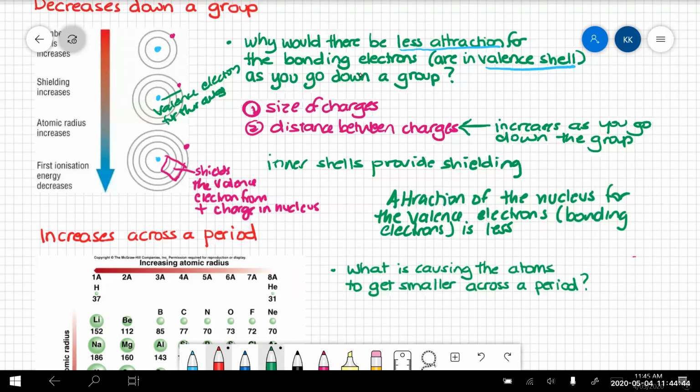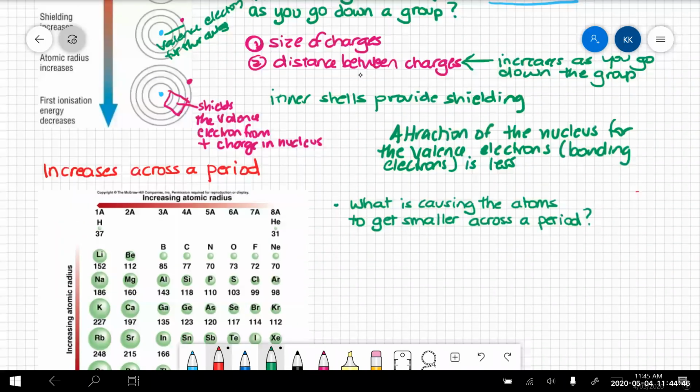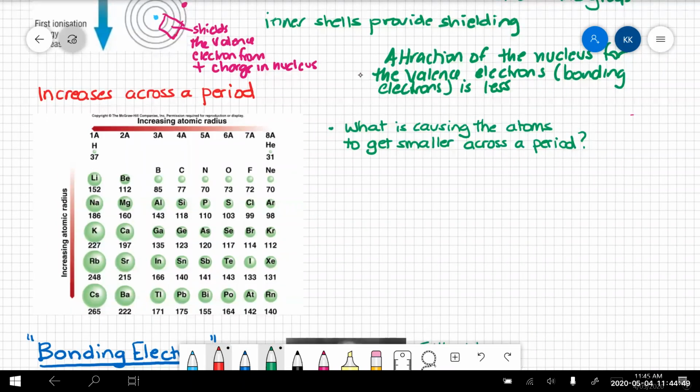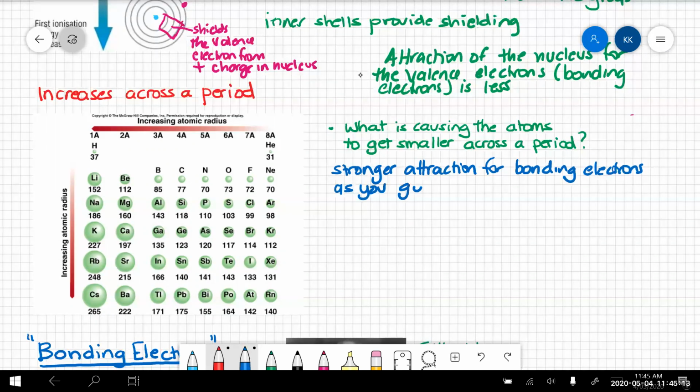Let's have a look as we go across a period now. As we go across a period, the electronegativity increases, so we have a stronger attraction. As you go left to right across the period, you get a stronger attraction. What could be causing that?